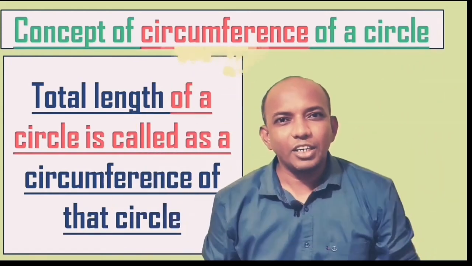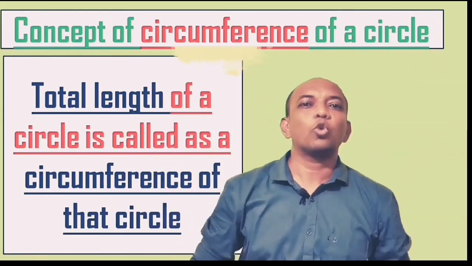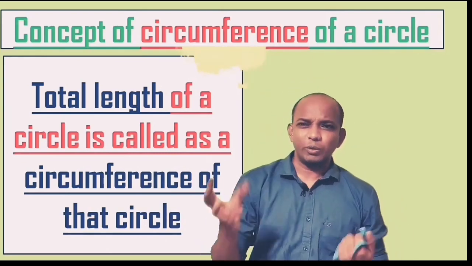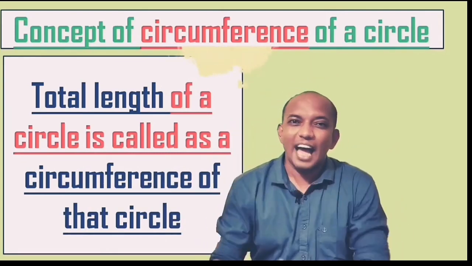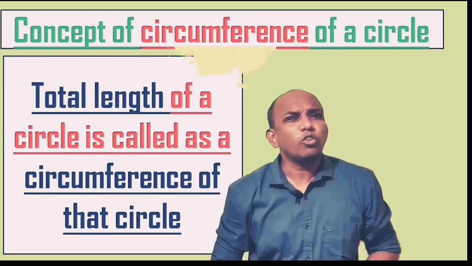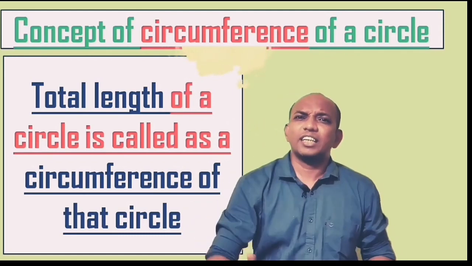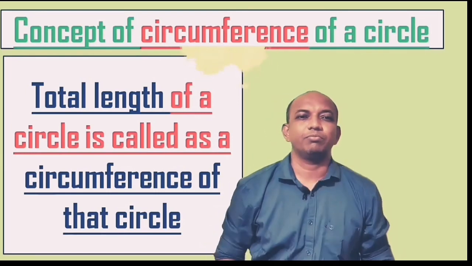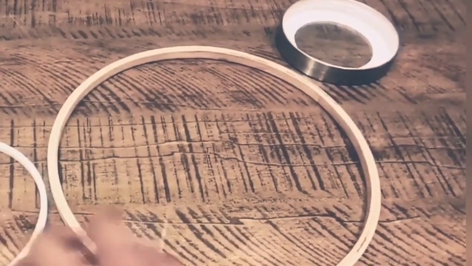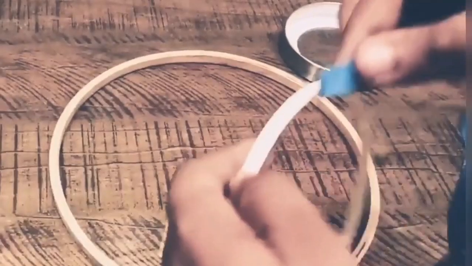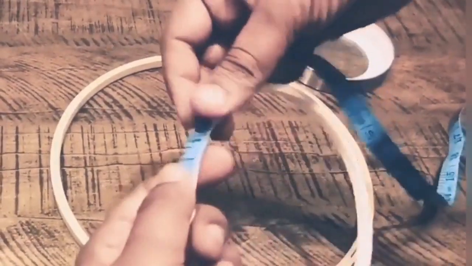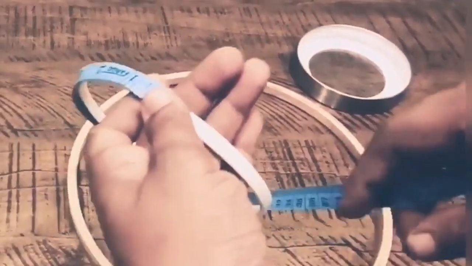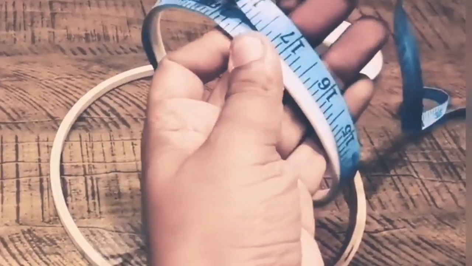But each time whenever I need to find the circumference, I cannot just roam along with this meter tape, isn't it right? So there has to be some relation between this circumference, this diameter and radius. So let's try to find out the relation between this circumference and diameter and see what we can find out. Okay, so very first I'm going to calculate the circumference of each and after that the diameter, and let's see what relation can be made after counting it.